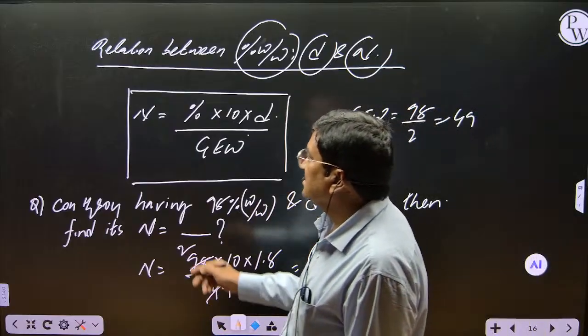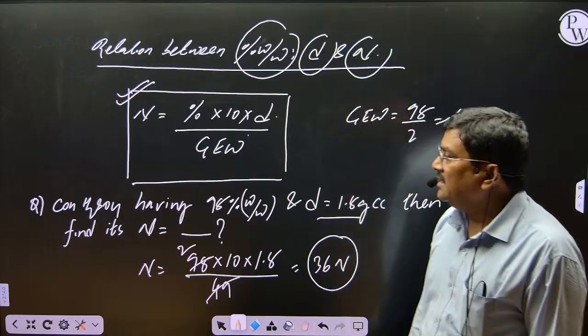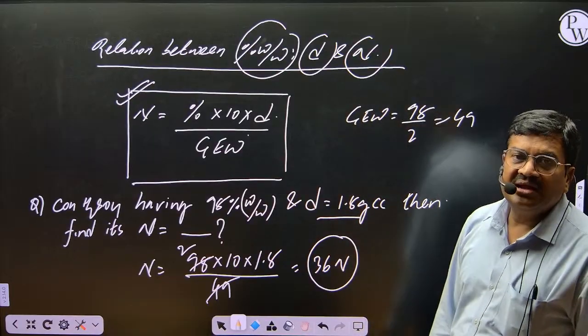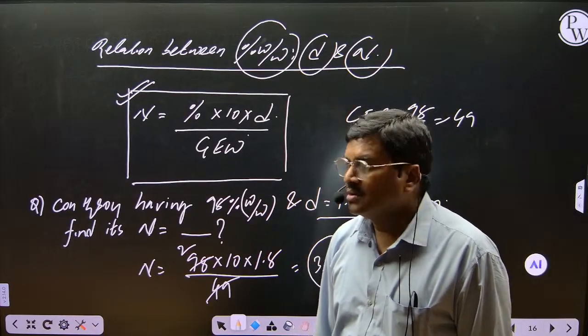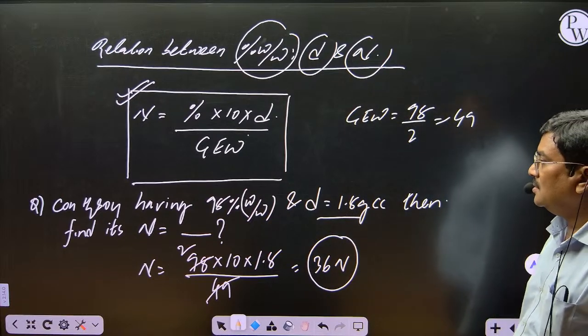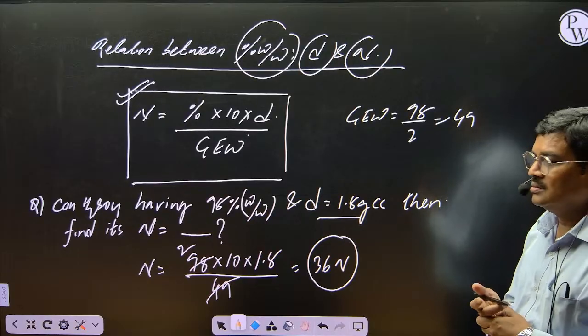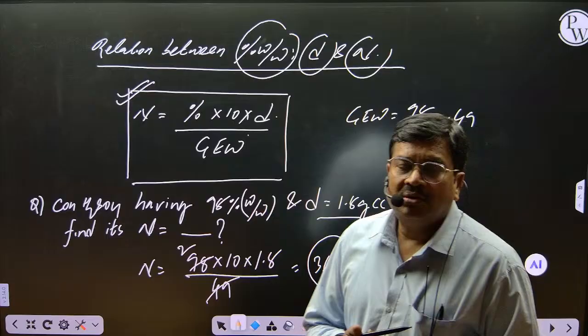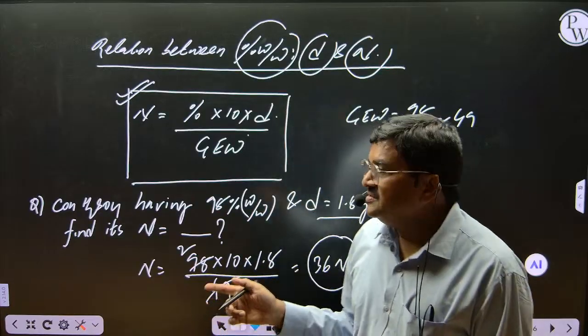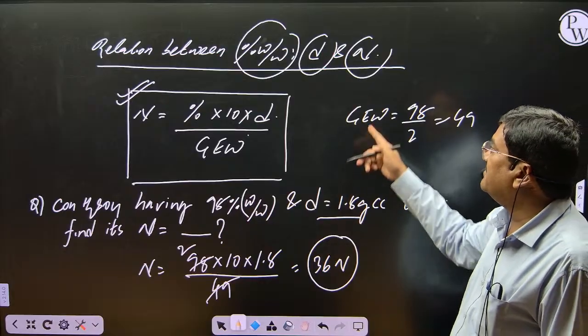Clear, students? Is it clear, all of you? Right. Now write the next relation between molarity and normality. Copy it fast. Done, students, all of you understood the relation between mass percentage, density and normality we did.